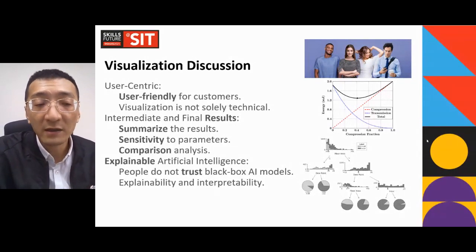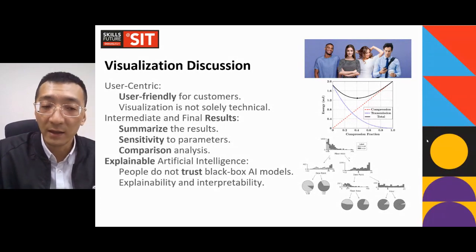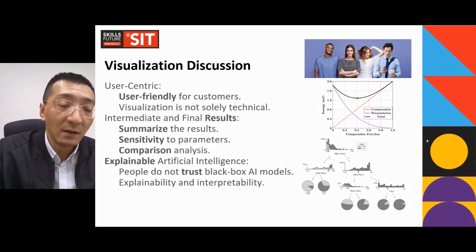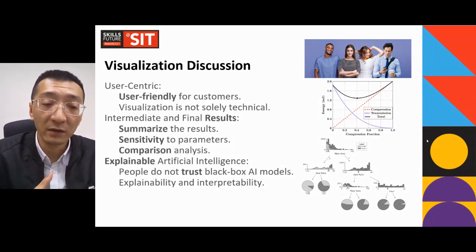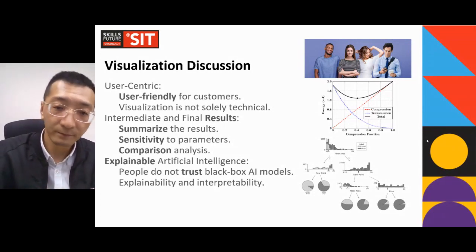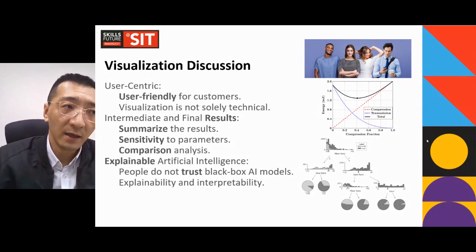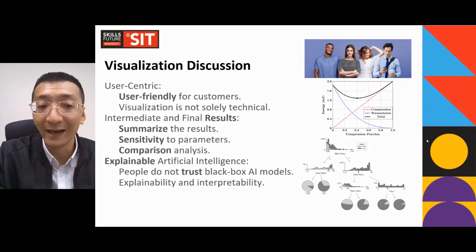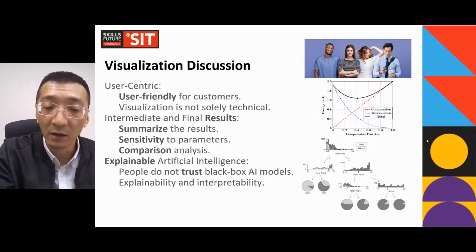Why? It's very simple, because one of the key reasons is that they don't trust the AI models. Suppose they don't trust, then they don't have the confidence to use the AI models. So our idea is that we should introduce explainability and interpretability into the AI models. They are black boxes, so we demystify those black boxes.